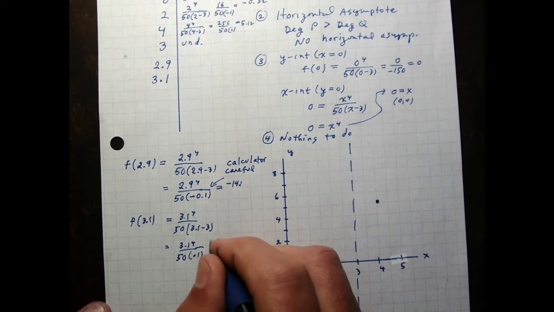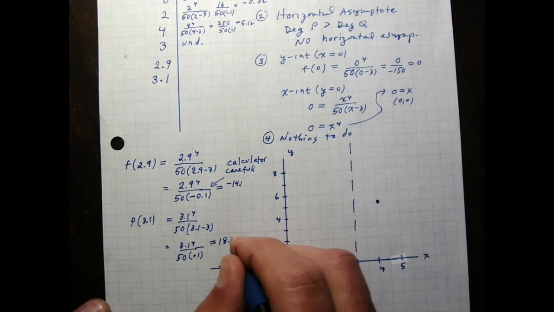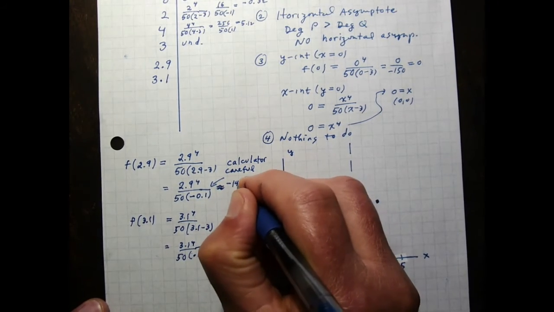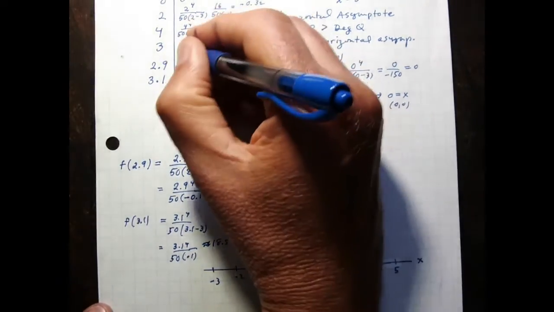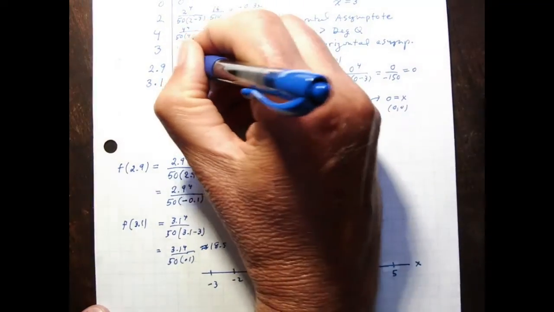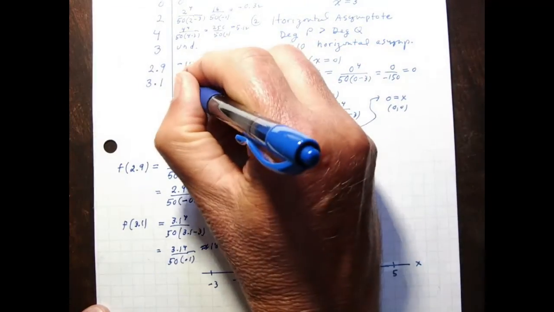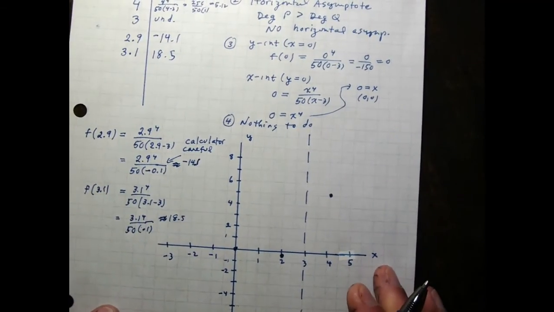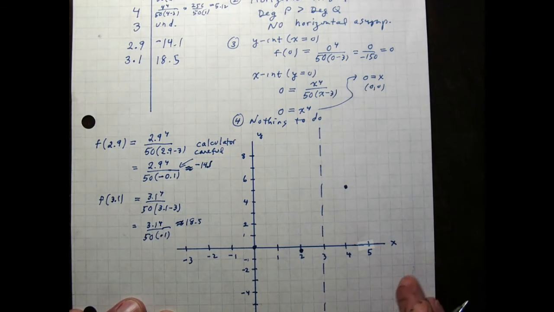I got 18.5. I rounded off, so these are approximate. These are not coming out nice. It's negative 14.1. Now, 2.9, I'm going to write up here, negative 14.1. 3.1, 18.5. I'm not going to plot these because they don't quite fit on my scale, but those values tell me a lot about the qualities of this graph.